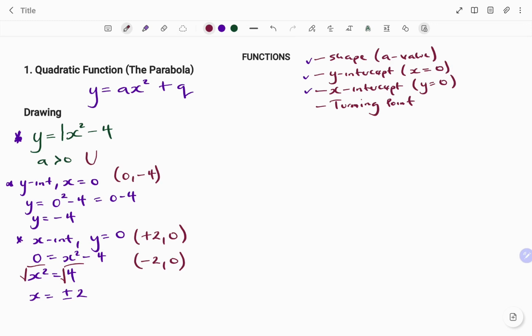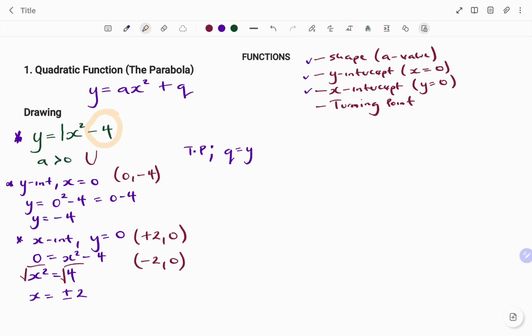Also note that for my turning point, that's the last point, I'm going to call that my TP. For my turning point, Q is equal to my y. You can see from my question that my parabola has shifted 4 units downwards because it's negative 4.